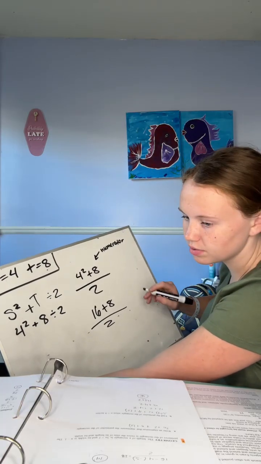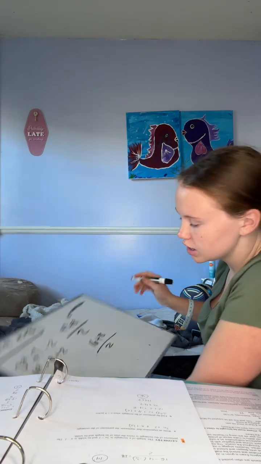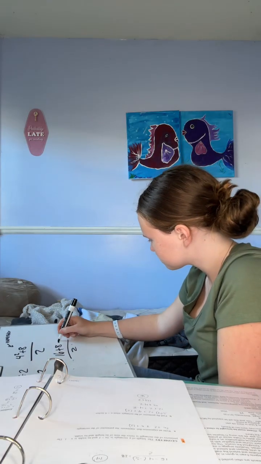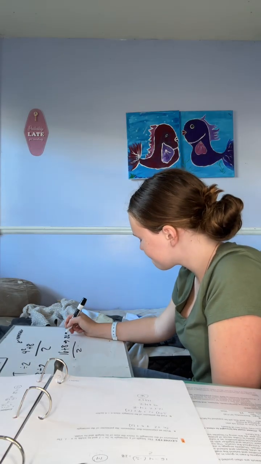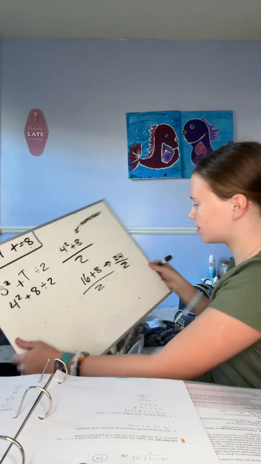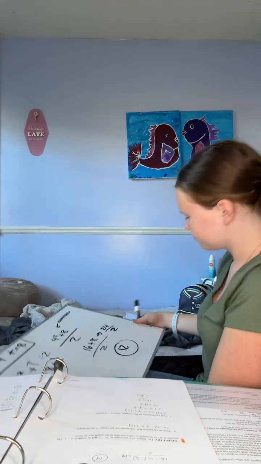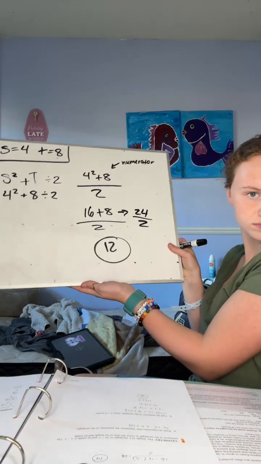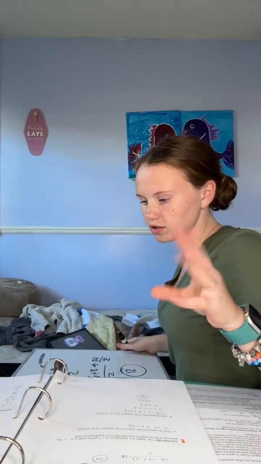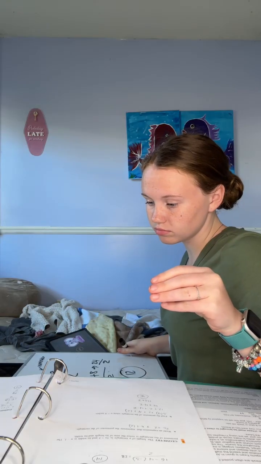So 16 plus 8 is 24. And I'm keeping that divide by 2. And then 24 divided by 2 is 12. It's pretty easy. I'll do number 6.